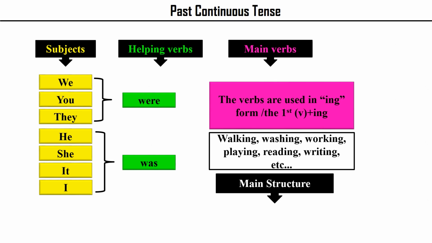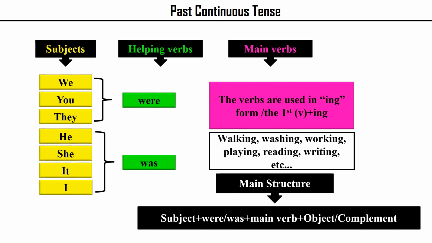The main structure is subject plus were or was plus main verb plus object or complement. Let's make some examples using this structure.